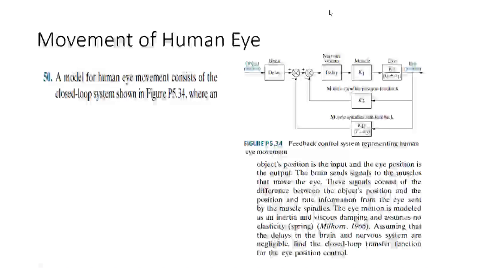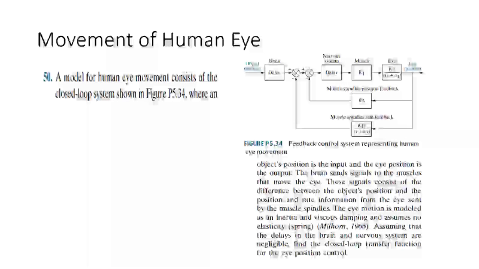By using this system, we know about muscle spindle position feedback, whose transfer function is K3. This goes back to the errors, and then to the delay and nervous system. First of all, what is muscle spindle position feedback in a control system?